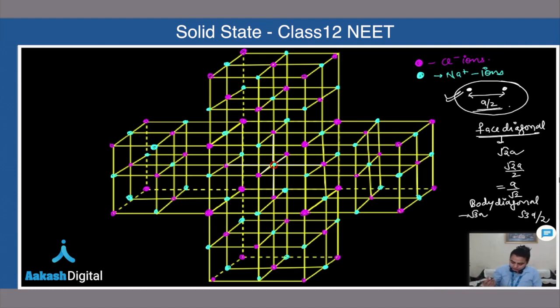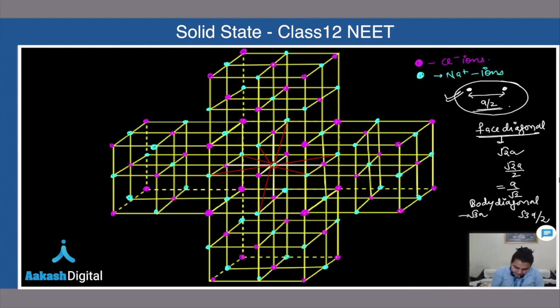Then these particles would be 1, 2, 3, 4. Yes or no? 4 are these. 5, 6, 7, 8.